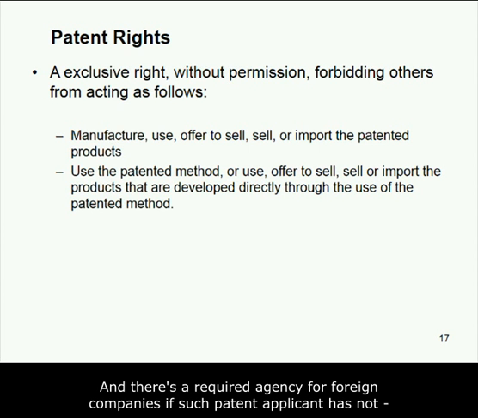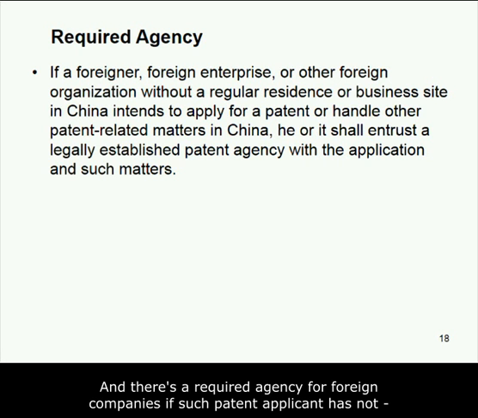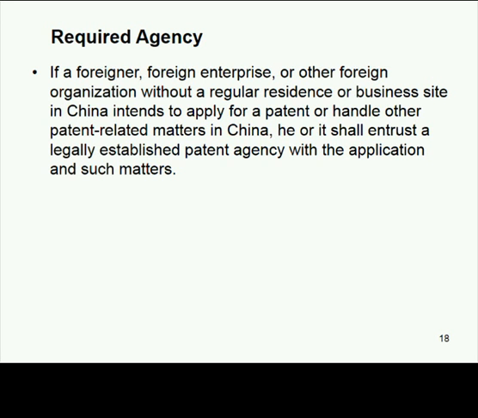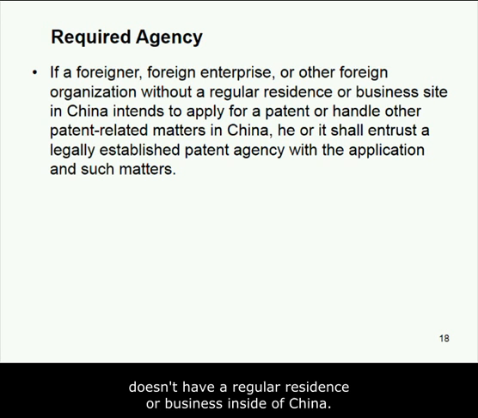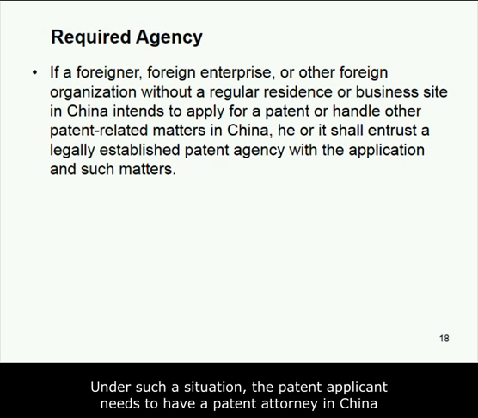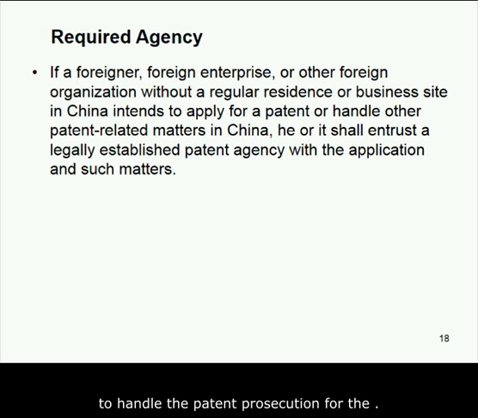And there is a required agency for foreign companies if such a patent applicant doesn't have a regular residence or business site in China. Under such situations, the patent applicant needs to hire a patent attorney in China to handle the patent prosecution for them.